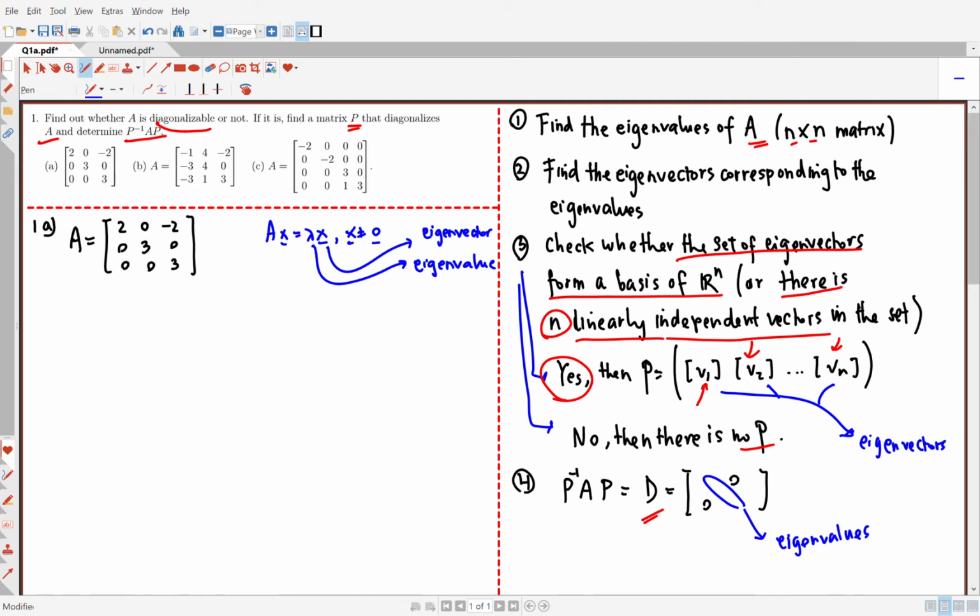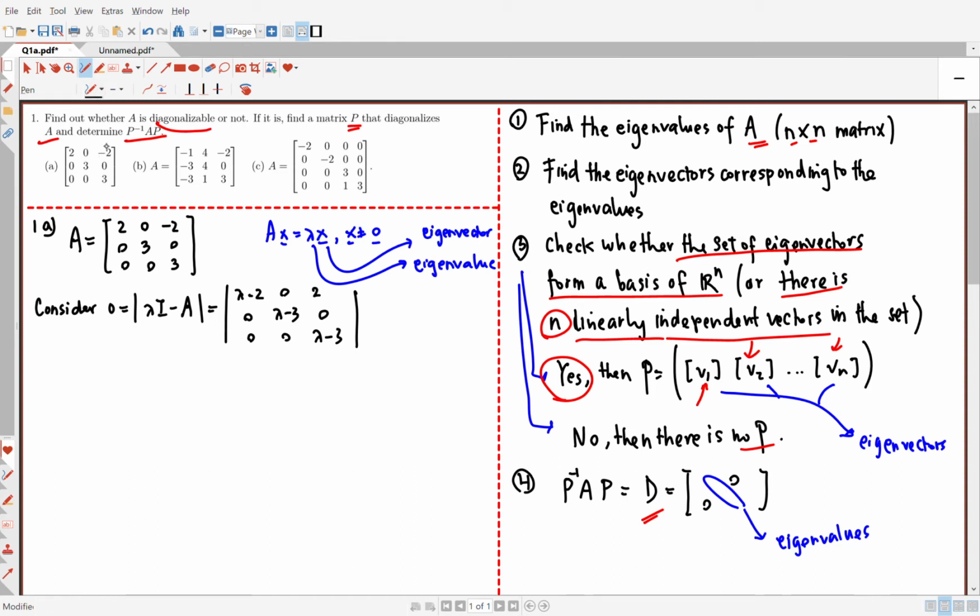Okay, so to find the eigenvalue, we consider this equation: 0 equals the determinant of lambda I minus A, and this is just the determinant of lambda minus 2, 0, 2, 0, lambda minus 3, 0, 0, 0, lambda minus 3.